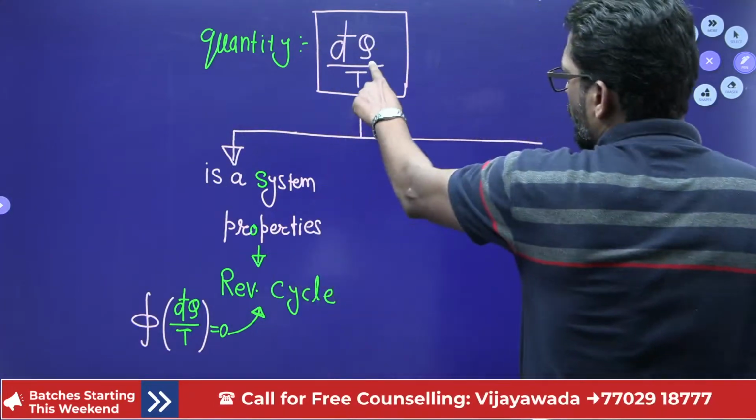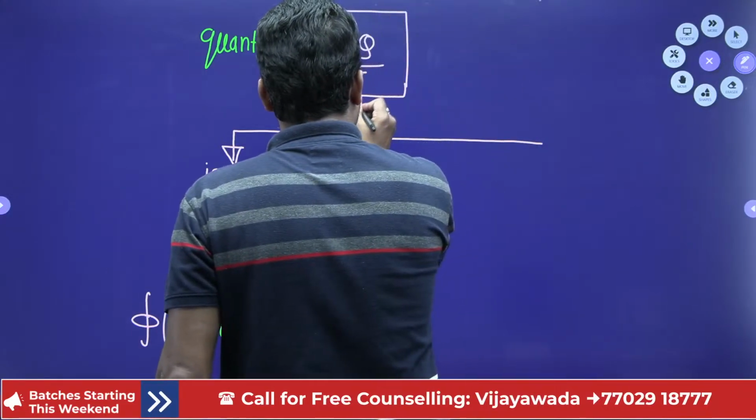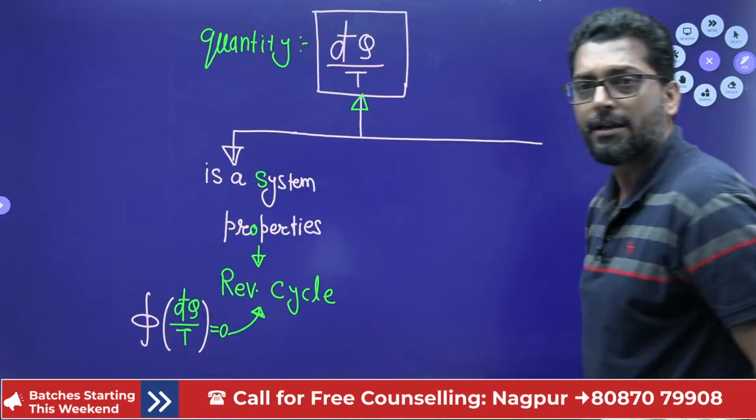That means whether this quantity is a property or not depends upon the reversible cycle.